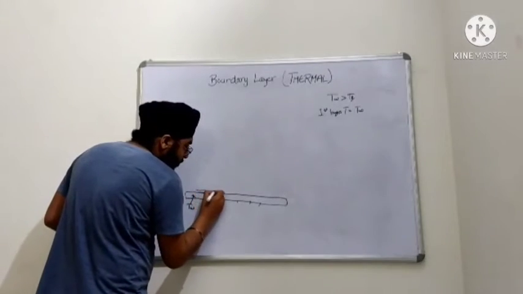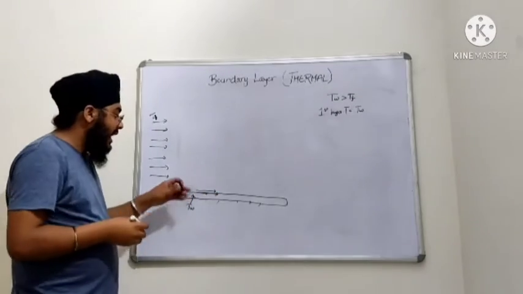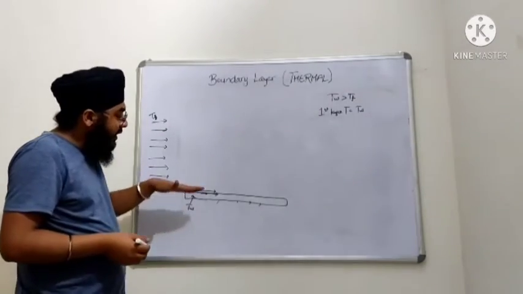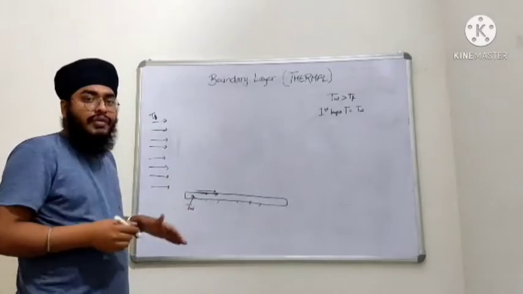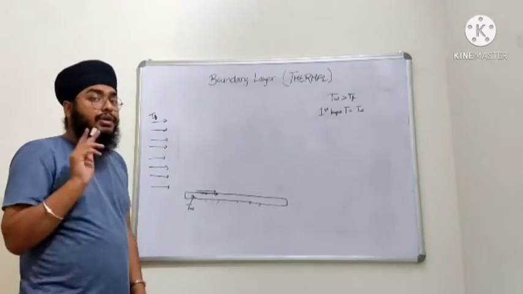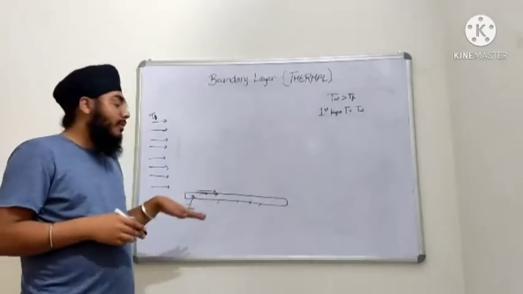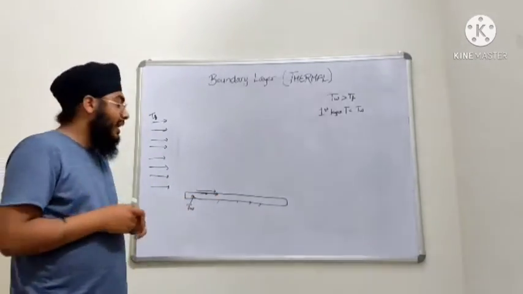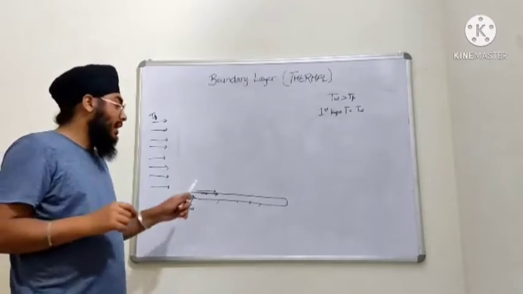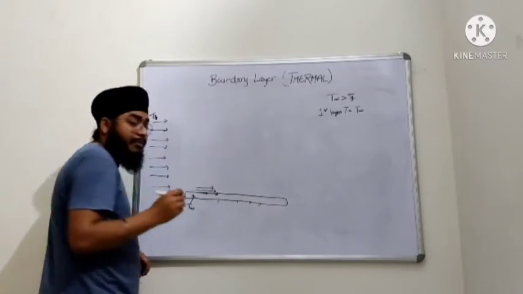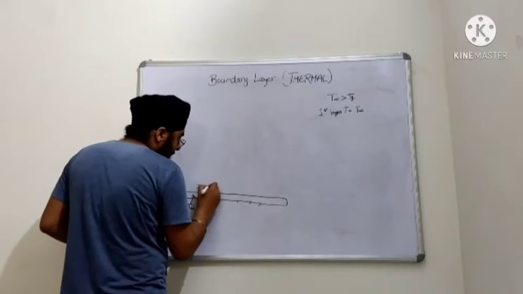Now, as we move upward to the second layer, there will be some distance between the second layer and the surface, because of which heat transfer will be there, but not to an extent that the temperature of the second layer will come to Tw. So the temperature of the second layer will be less than Tw. As we move upward, the temperature starts declining, and so on.